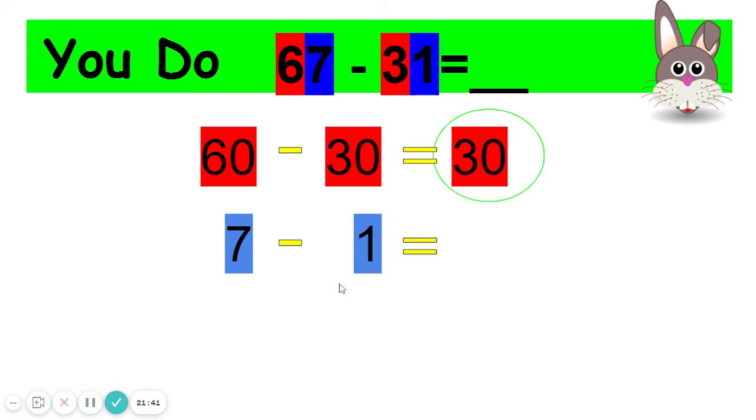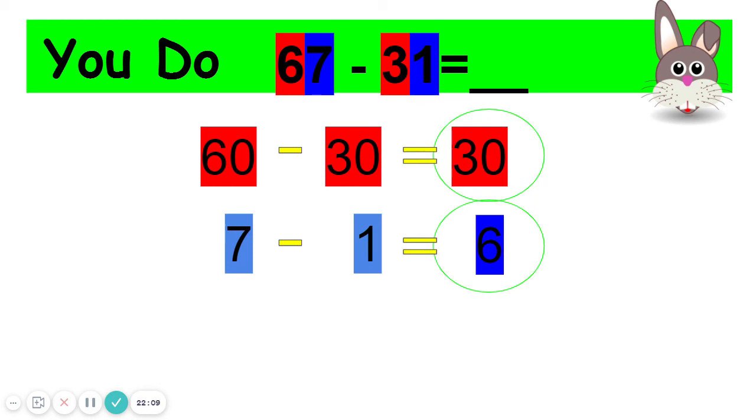Now we're ready for step 3. Did you say we needed to subtract our ones? Awesome job. So if I start with a minuend of 7 and I subtract a subtrahend of 1, how many do I have remaining? Yes, 6. Now we have solved for our partial differences.